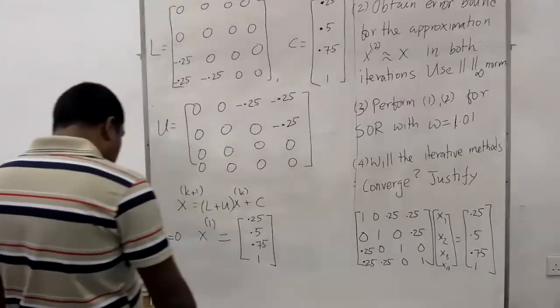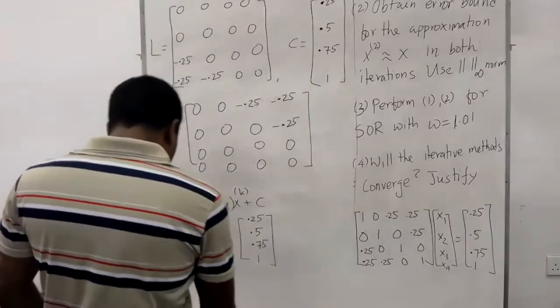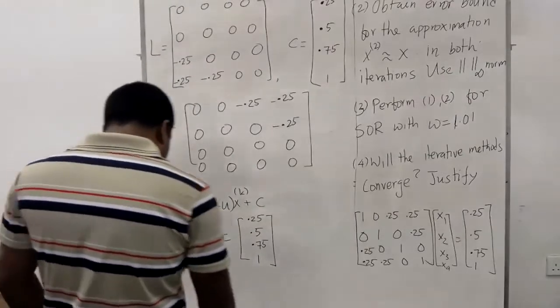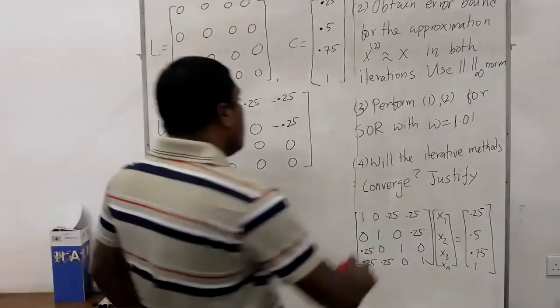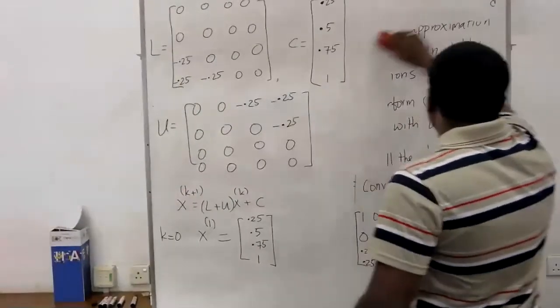And then you get the second step in Jacobi iteration, where you may need to do some calculation.